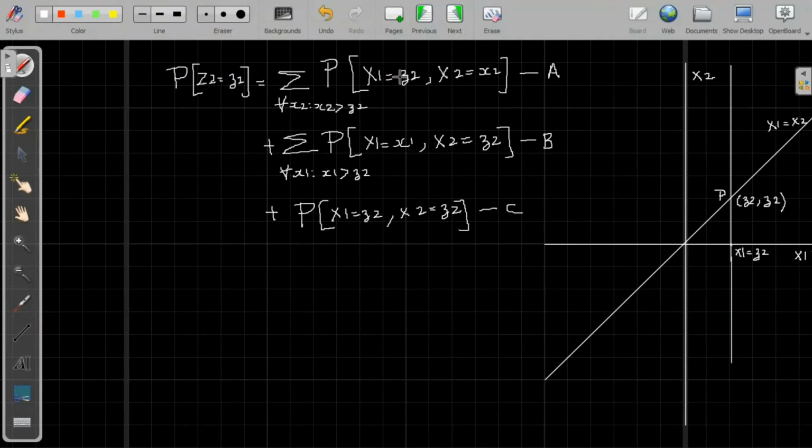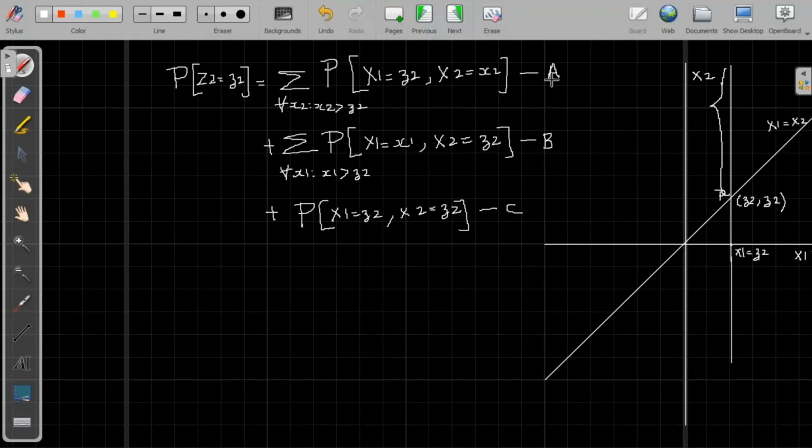So both of these conditions, x1 is equal to z2 and x2 greater than z2, are satisfied by the section of this line x1 is equal to z2 which is lying above this point P. Only this section, lying above point P of the x1 is equal to z2 line, satisfies both of these conditions.